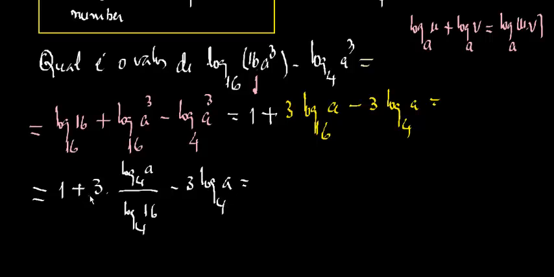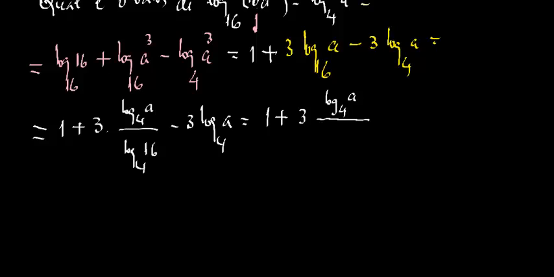That's nice. So now I can evaluate the expression very easily. It is 1 plus 3, here I have a fraction. Logarithm at the numerator, logarithm of a in base 4. And over here he is telling me that the value of this is 2.